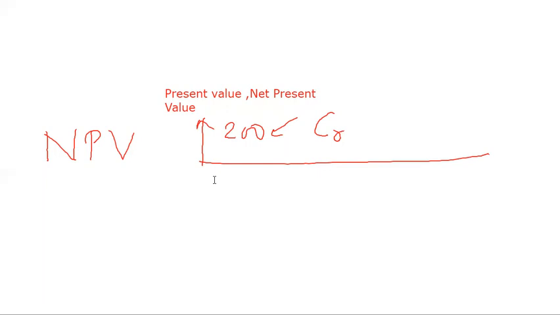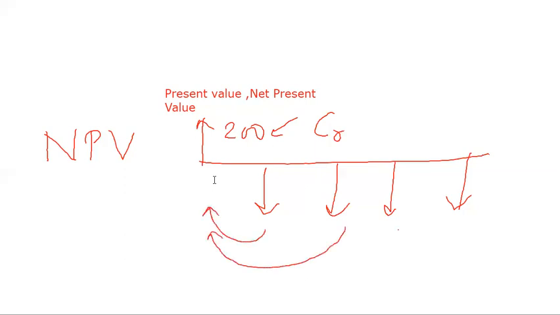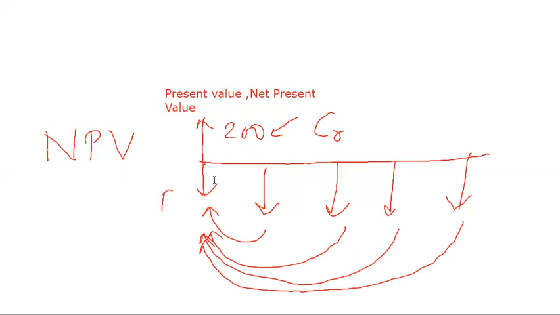And the present value of this, in my example, I had calculated in today's worth. So this becomes my present value.